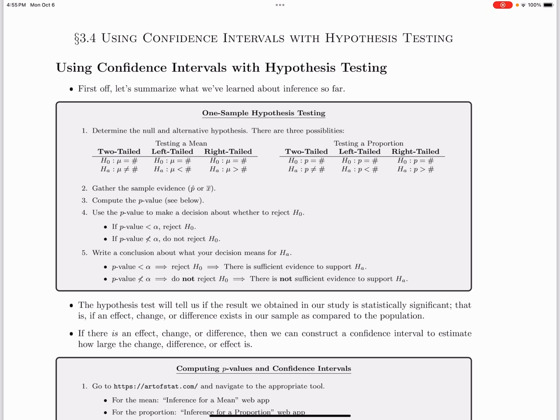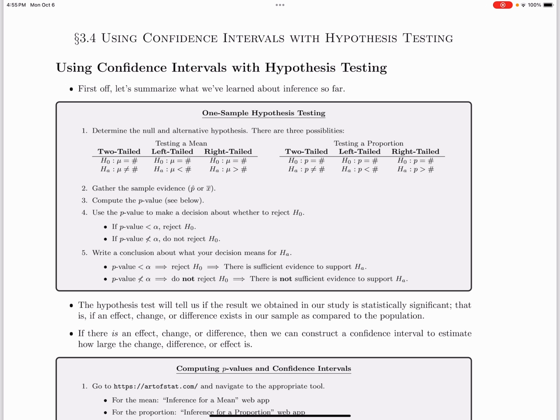What a hypothesis test will tell us is whether or not there's some kind of change or effect or difference in our sample as compared to the hypothesized population or parameter in the null hypothesis. Now, if there is an effect, change, or difference, then we'd like to know how big it is, right?